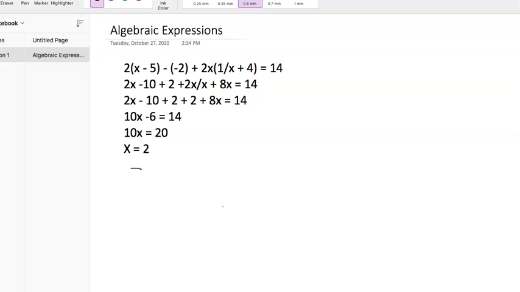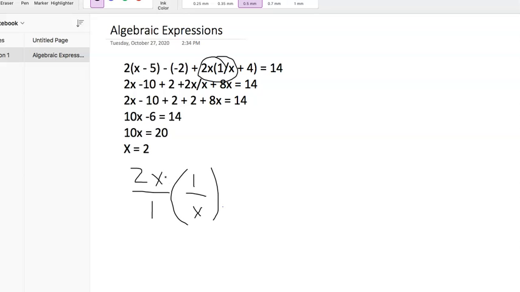Okay, so I'm going to draw this out so that we can see it a little bit better. So I did 2x, which is 2x over 1 and 2x are the same thing, right? Times, and this is what we're doing right here, yeah? Okay, 2x times 1 over x.